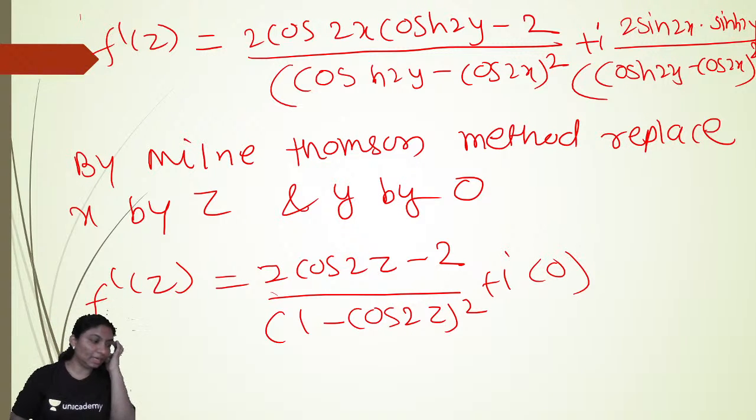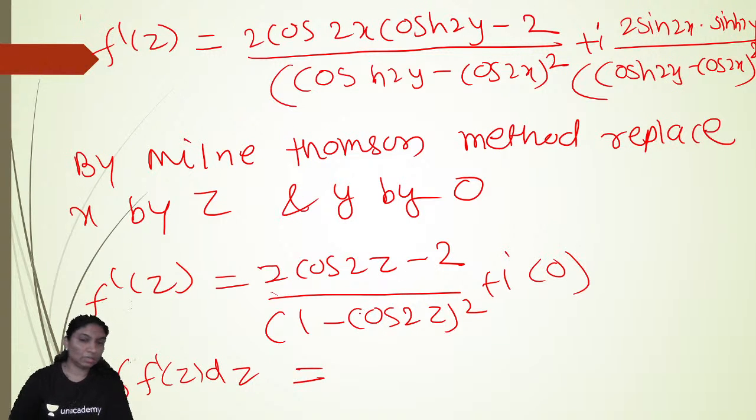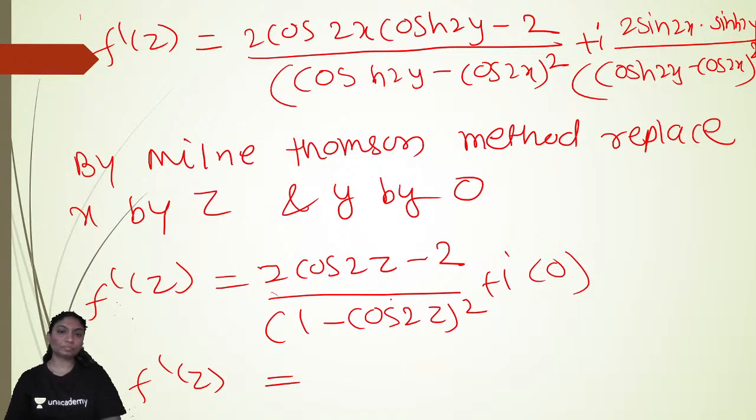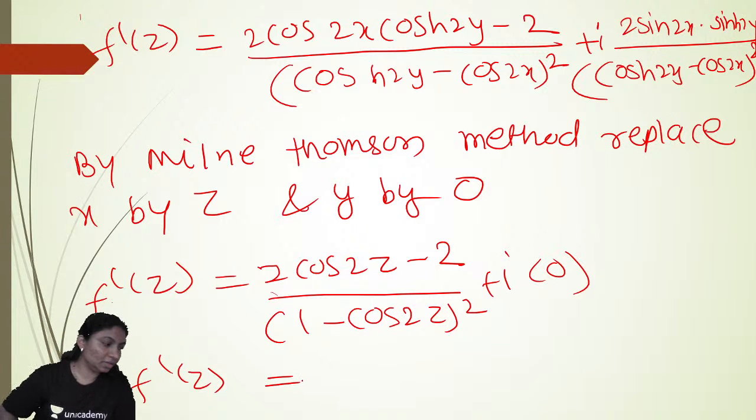So on integrating we will get integration of f dash of z dz. First of all, just simplify this. So you will get f dash of z is equal to 2 into bracket cos 2z minus 1, right?